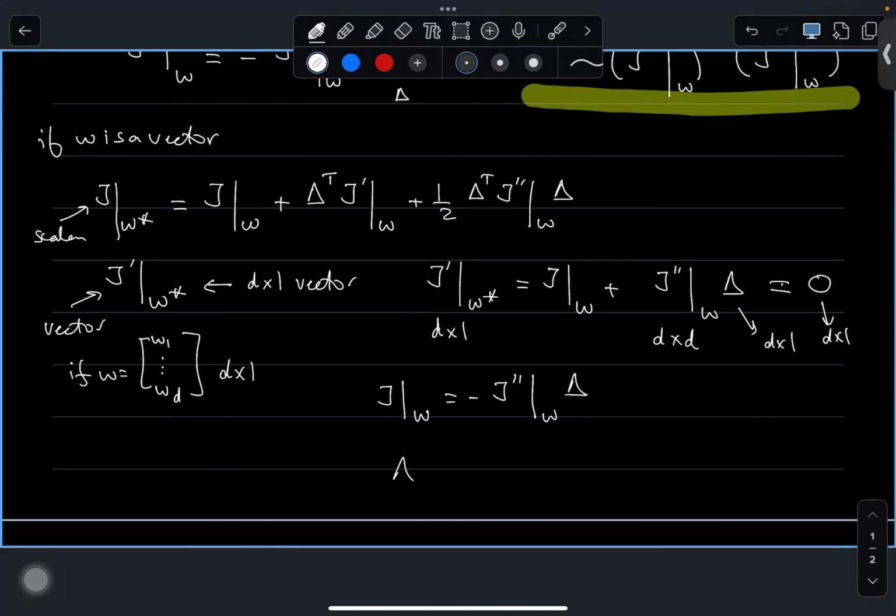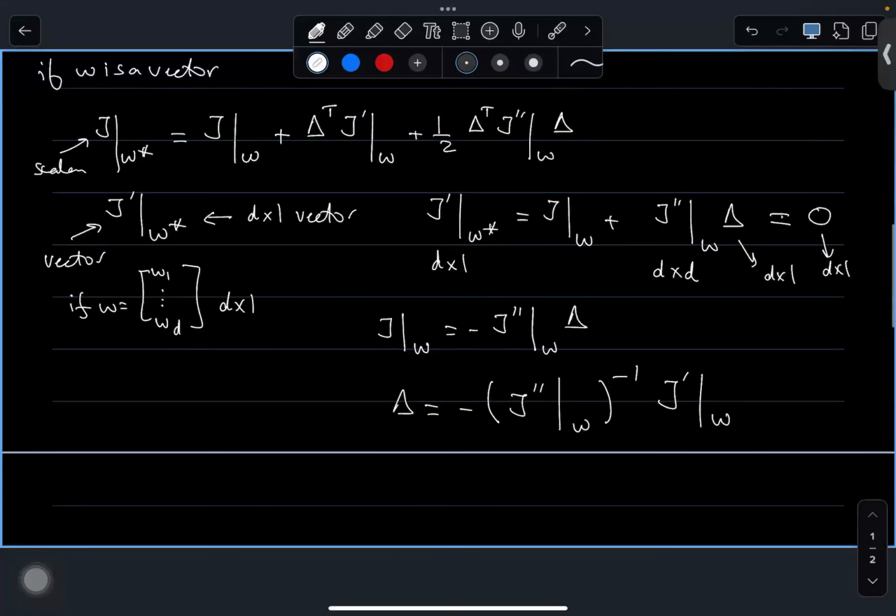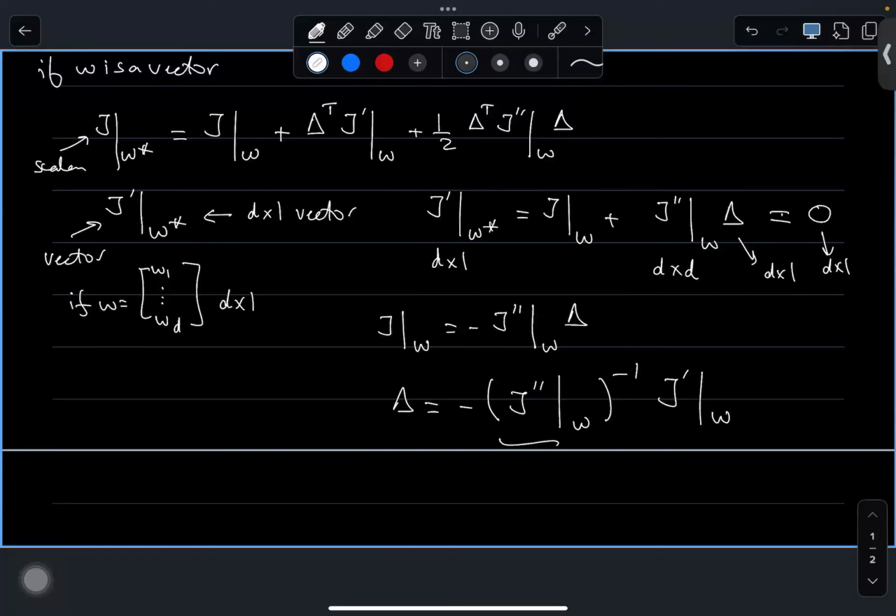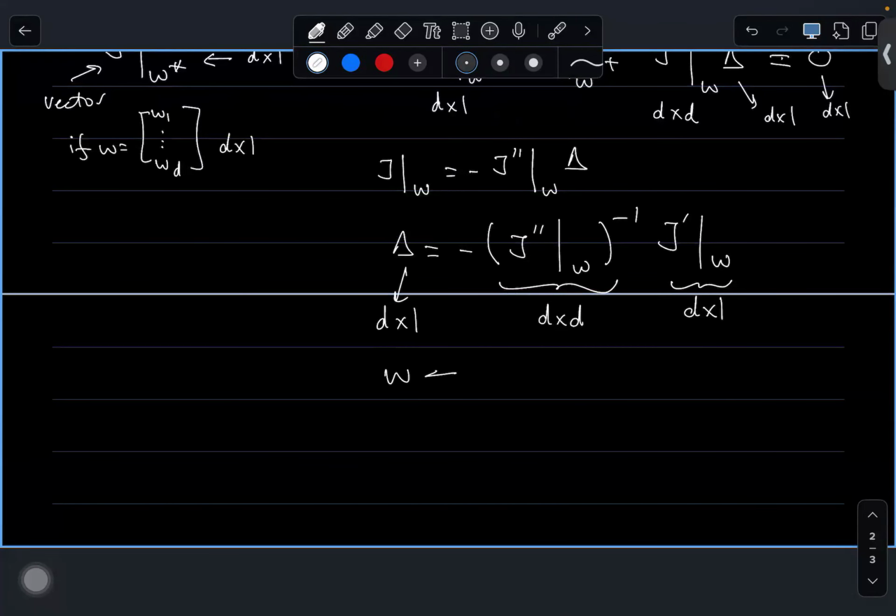So now delta is minus the second derivative inverse times the first derivative, where the second derivative term is a D by D matrix and the first derivative term is a D by 1 vector. Delta is a D by 1 vector because that's the number of weights that I have. And so W becomes W plus eta times delta.